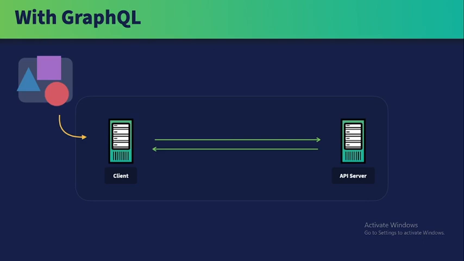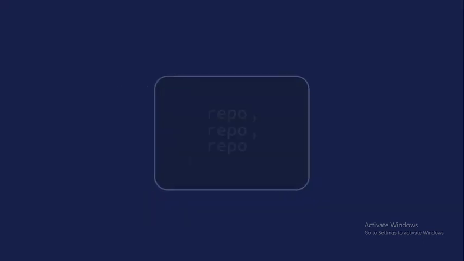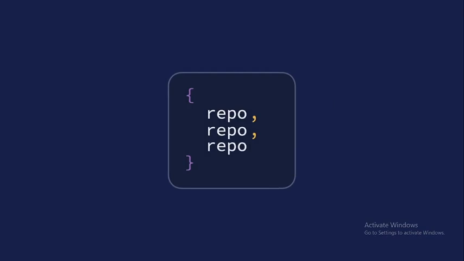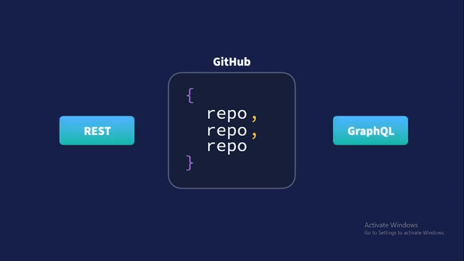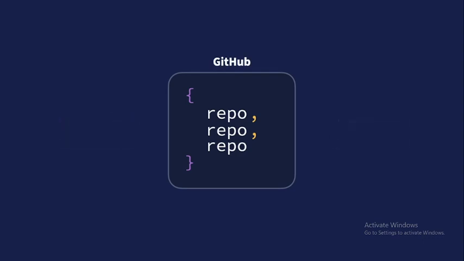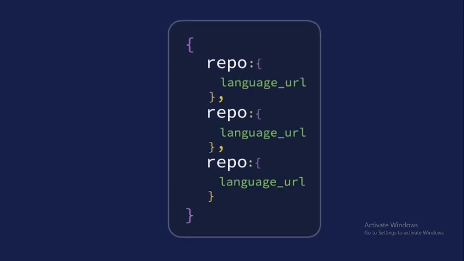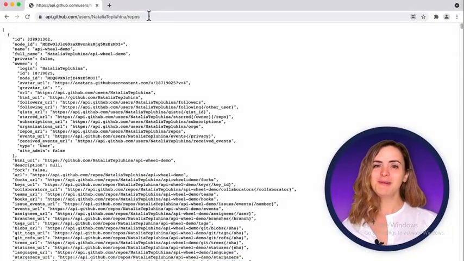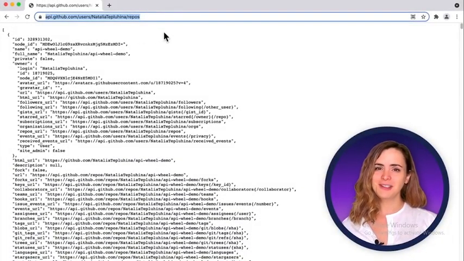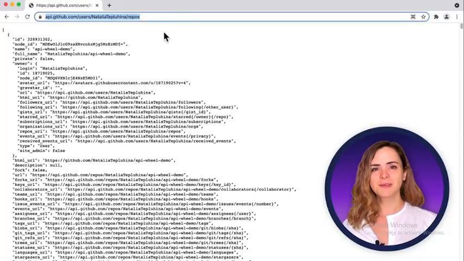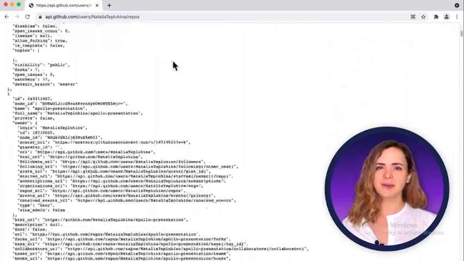To understand this difference better, let's look at an example where we'll compare fetching data from GitHub using both REST and GraphQL APIs. Imagine that we want to fetch a list of repositories of a certain user, and we will check what programming languages are used in those repos. With a REST API, first we would perform a call for users, username, repos, which would get us a list of repositories.